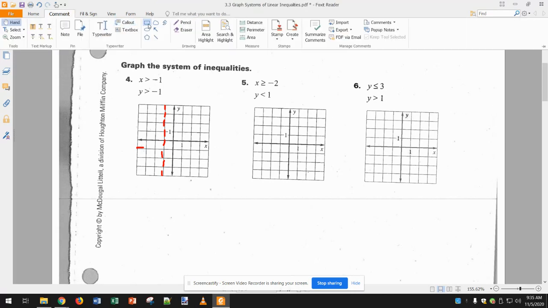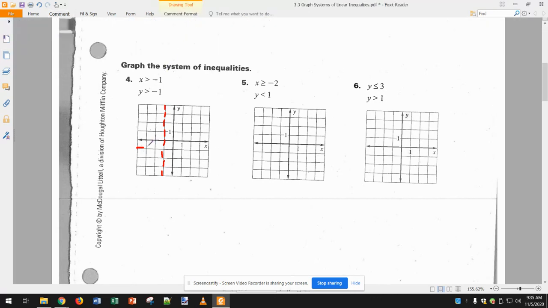I guess I can't switch colors in this. So I'll just pretend like I'm using a pencil. It's all the same color. And we're going to shade above both of these. Well, above the horizontal line and to the right of the vertical line. So it's really only going to be this area, all of this.